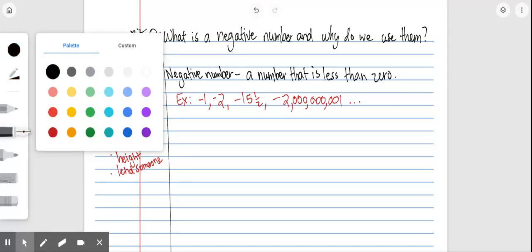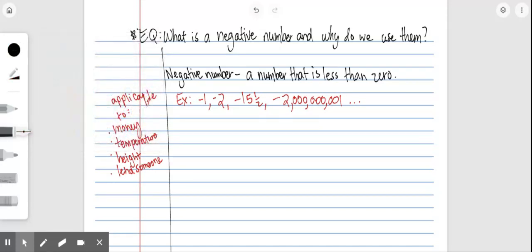So, as you know, mathematicians like to come up with fancy words for pretty much everything. So, there is a fancy word called whole numbers. And you probably have heard this word before. I'm pretty sure that I've used it. Whole numbers is every single number that doesn't have a decimal or a fraction.